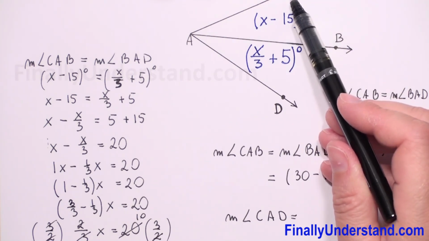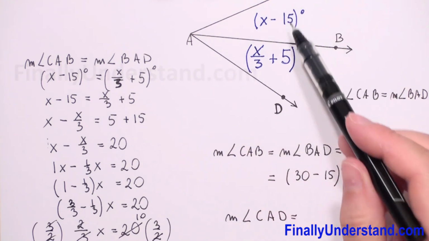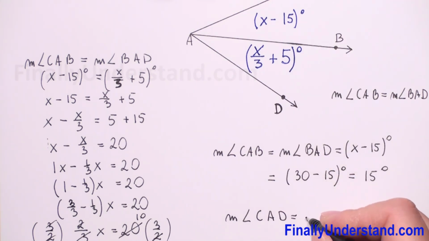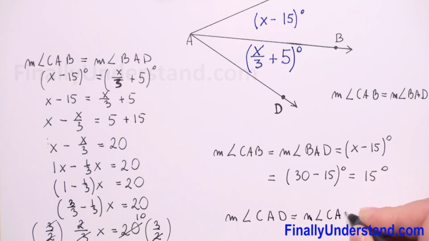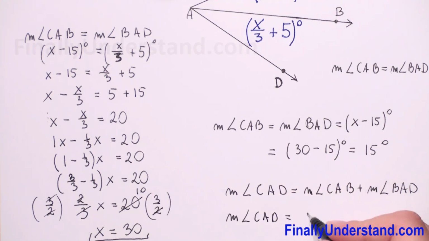So this is equal to the measure of angle CAB plus the measure of angle BAD, and we found these two angles. They are 15 degrees. Let me write this equation first. So we have the measure of angle CAB plus the measure of angle BAD. So the measure of our angle CAD is equal to 15 degrees plus 15 degrees. So this is equal to 30 degrees. This is my solution.